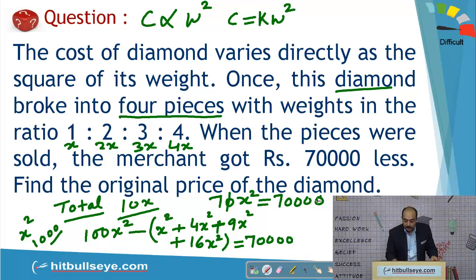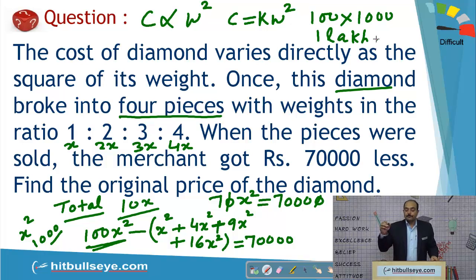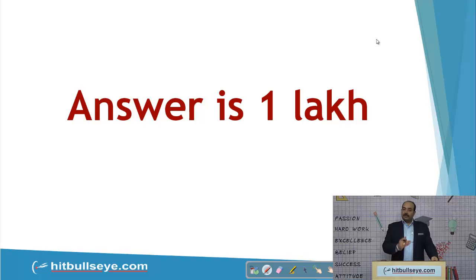So to find the original price, the original price was 100x square. Putting the value of x square back, we'll get the answer as 100 into 1000, which would be 1 lakh. So 1 lakh is your answer.